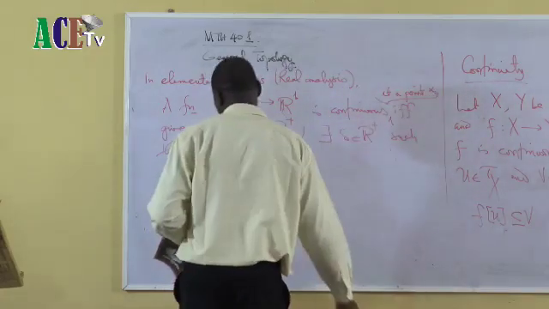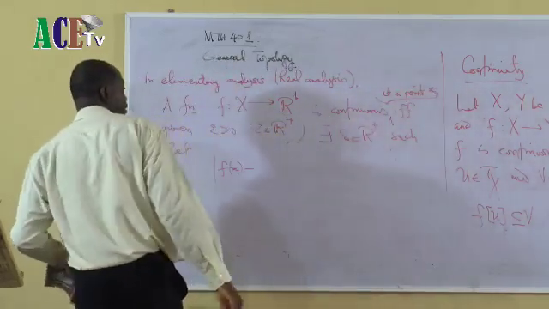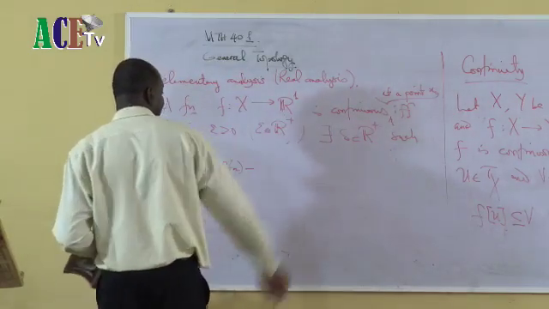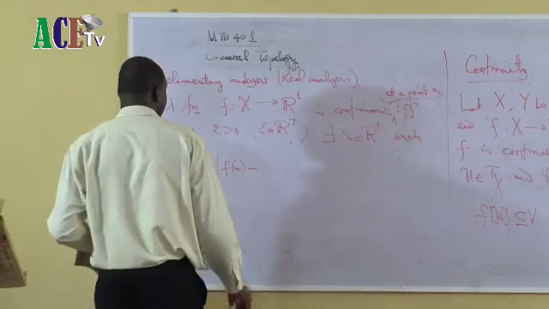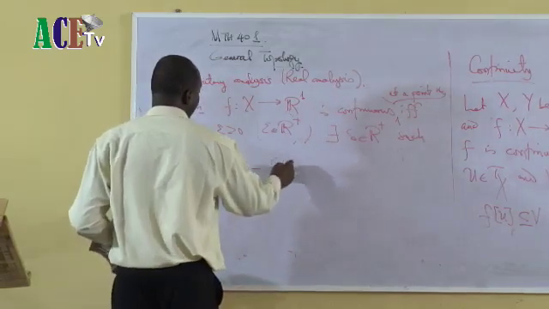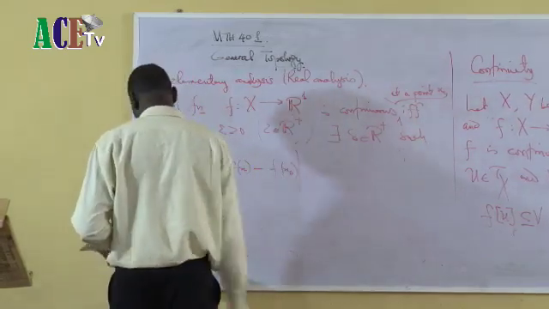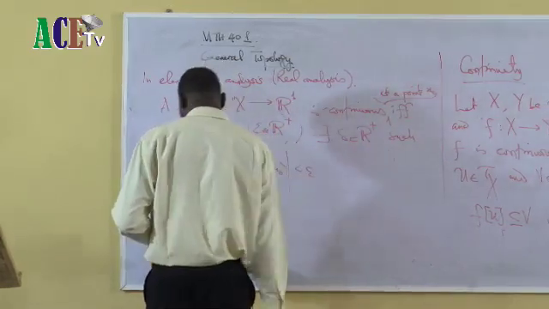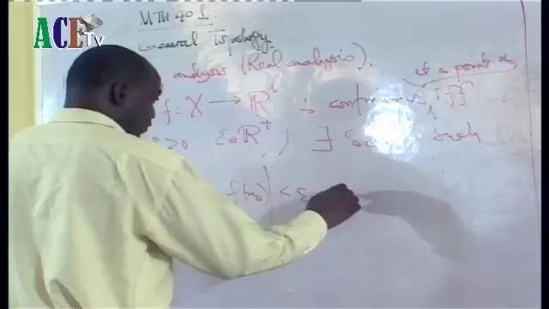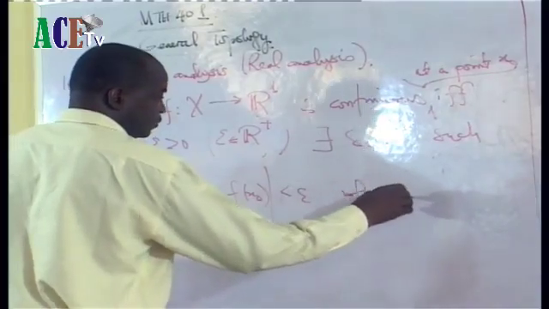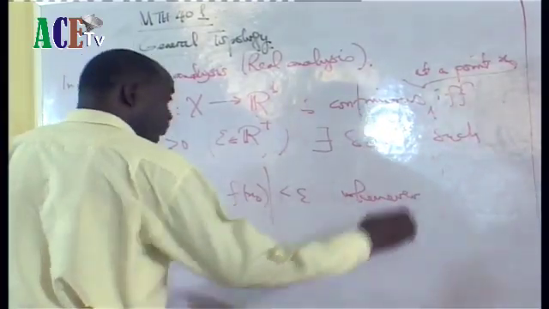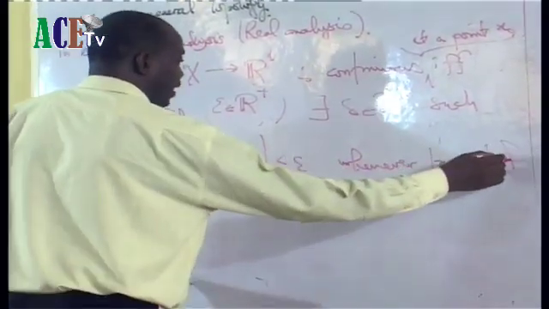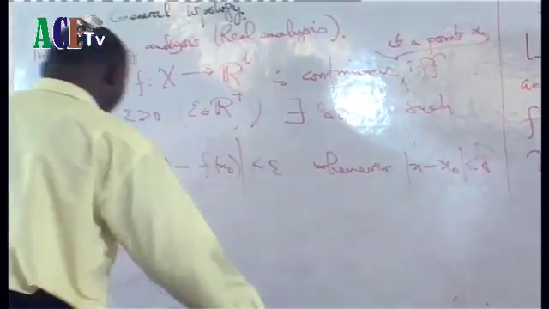At a point x naught, if and only if given a positive epsilon, there exists a positive delta such that the modulus of f(x) minus f(x naught) is bounded by epsilon whenever the modulus of x minus x naught is bounded by delta.